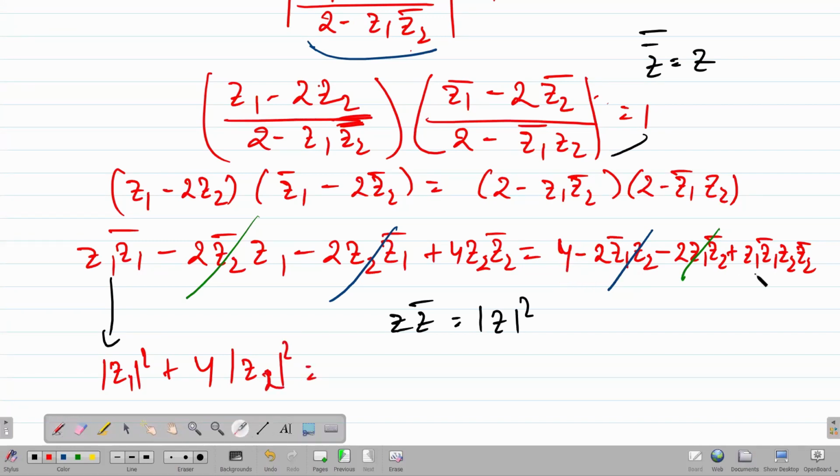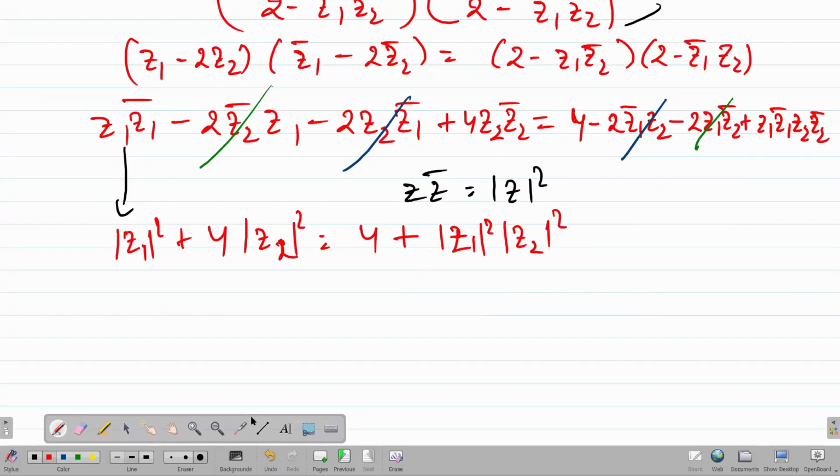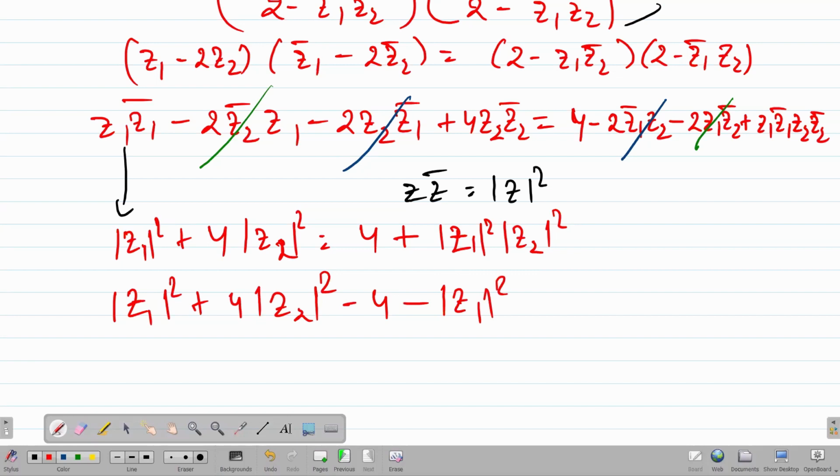This is 4 and this is mod z1 square into mod z2 square. So I just write the right hand side as this. On taking all the terms from RHS to LHS, what I get: mod z1 square plus 4 mod z2 square minus 4 minus mod z1 square mod z2 square.